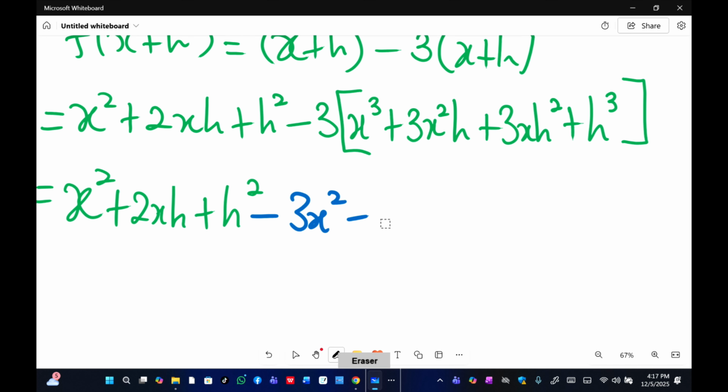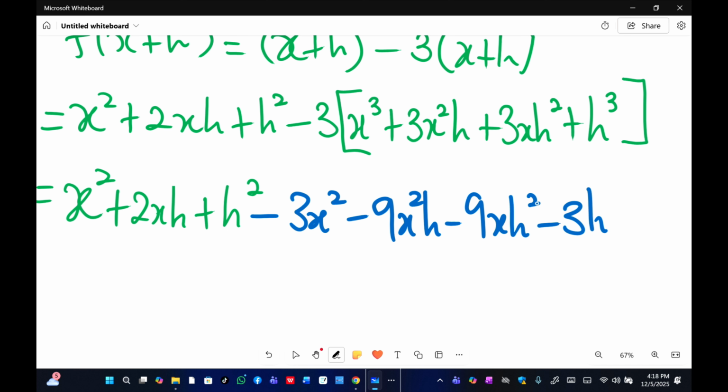So here should be 9 rather. Negative 9x squared h. Then here will be negative 9x h squared, then negative 3h cubed. Alright. So you could see that we can simplify some of them.